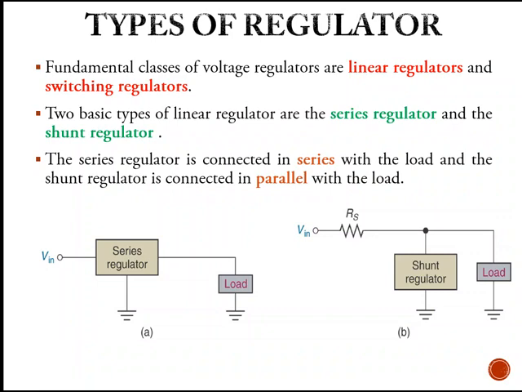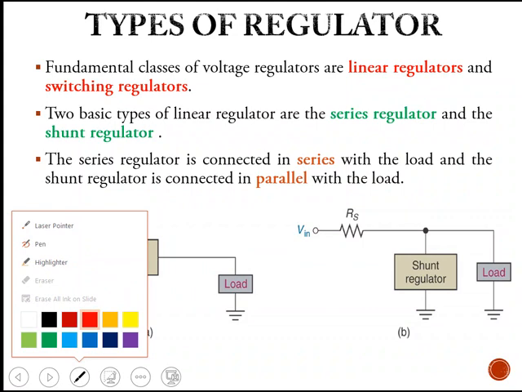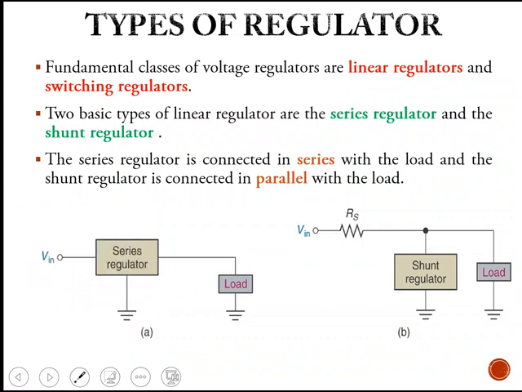The linear regulators are further classified into series regulator and shunt regulator. Here we are going to study only the linear regulators. So we'll see what is meant by series regulator and shunt regulator. As you can see in the diagram, we have series regulator and the load.